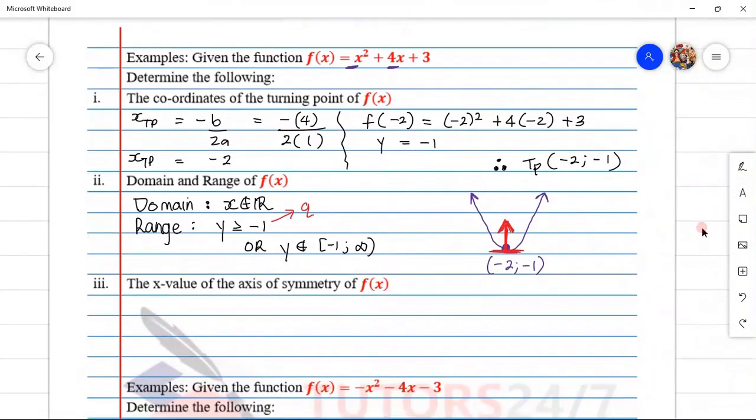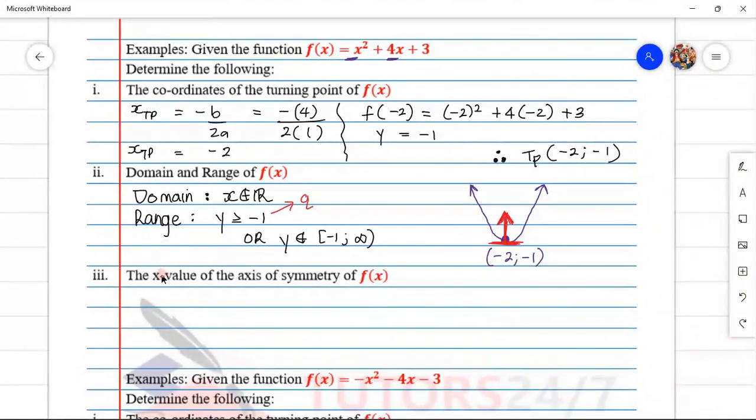Let's move on to our next example, which is the x value of the axis of symmetry. So we need to find the x value of our axis of symmetry. Let's draw our function.